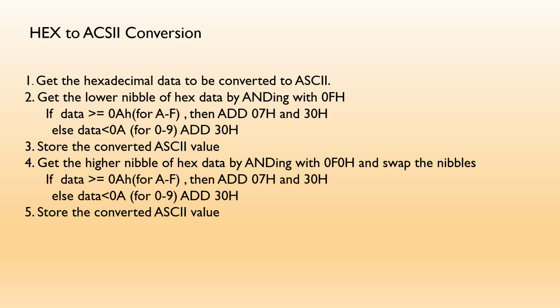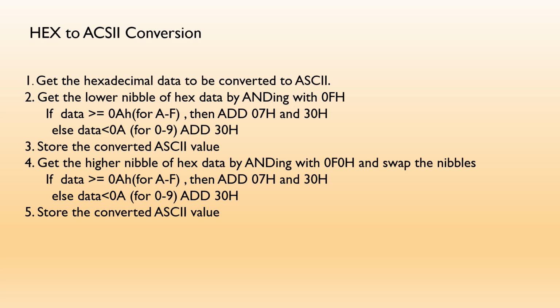Then I'll check whether that data is greater than or equal to 0A, which is for A to F. If so, then I'll add 37 to it. Else, if the data is less than 0A, for 0 to 9, then I'll add 30 to it. Whatever the lower nibble converted to ASCII, I'll store the corresponding ASCII value.